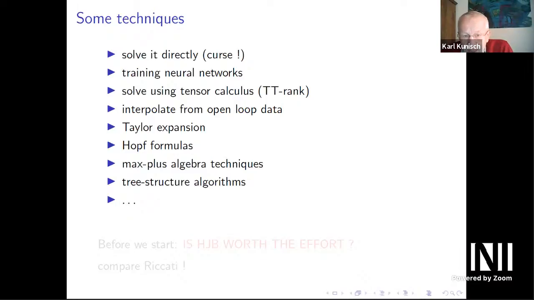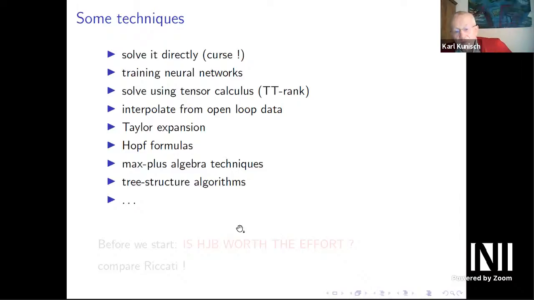We can do Taylor expansion to get some insight, and this has been analyzed for decades now. Then there can be techniques based on Hopf formulas, which I consider interesting if they are really applicable. Their use is somewhat restricted. Max-plus algebra techniques are worked on, and more recently, tree structures.